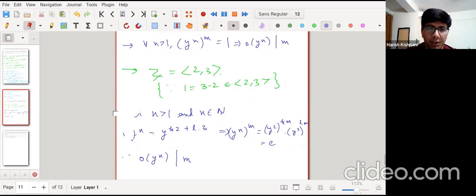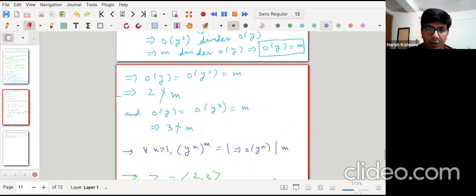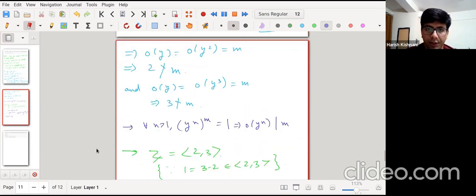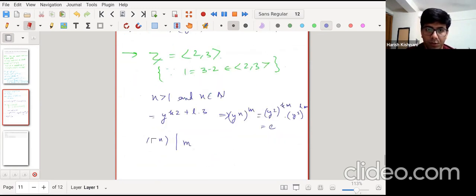I will also try. So 2 does not divide m, 3 does not divide m. So probably any integer bigger than 1 won't divide m.